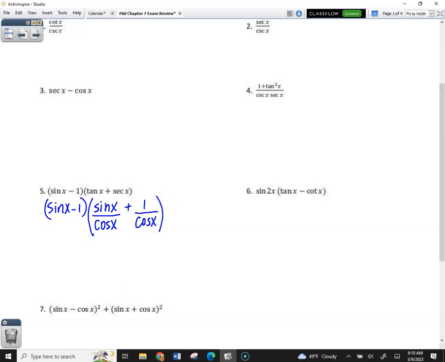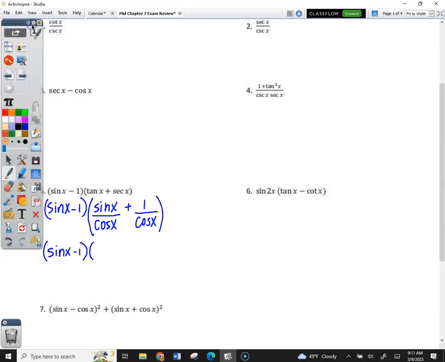So the nice thing about this problem is these already have common denominators. So there was no need for this plus sign separating 2 fractions. I could just write it as a single fraction. So this is sine x minus 1 times sine x plus 1 all over cosine x, right?